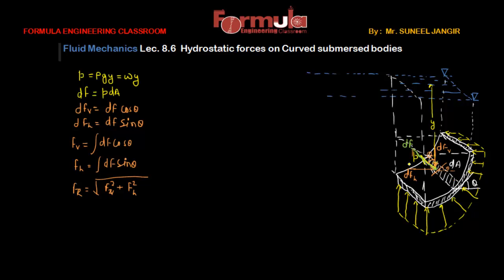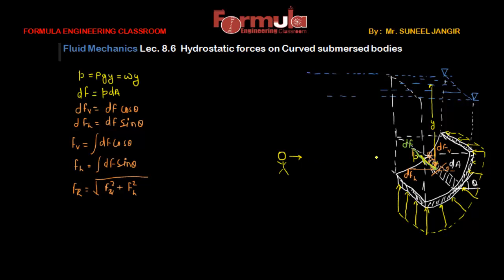To solve this problem, we first calculate the horizontal force, and to calculate the horizontal force we will take the projected area of this curved surface. Let's suppose we are viewing this surface from this side.